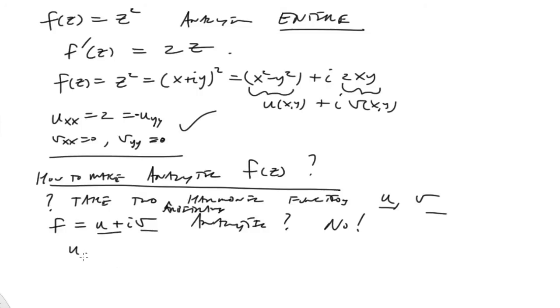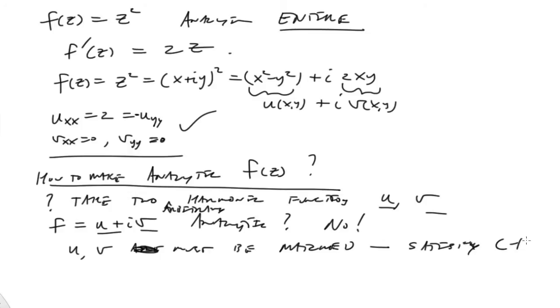It turns out that to make an analytic function, u and v must be matched, i.e., they must satisfy the Cauchy-Riemann equations. Again, always with the Cauchy-Riemann equations.